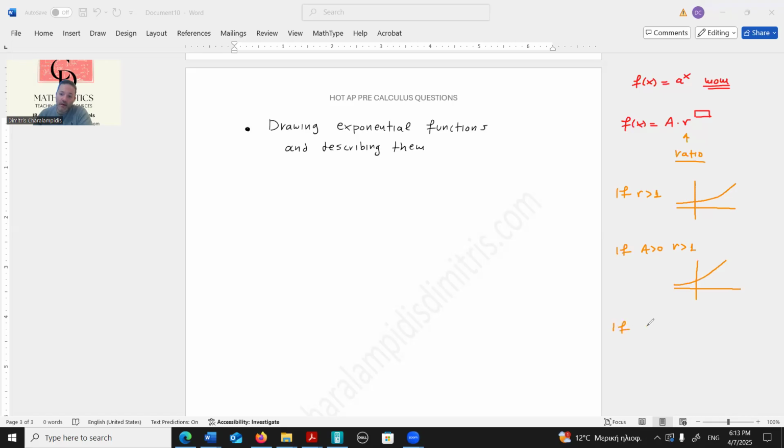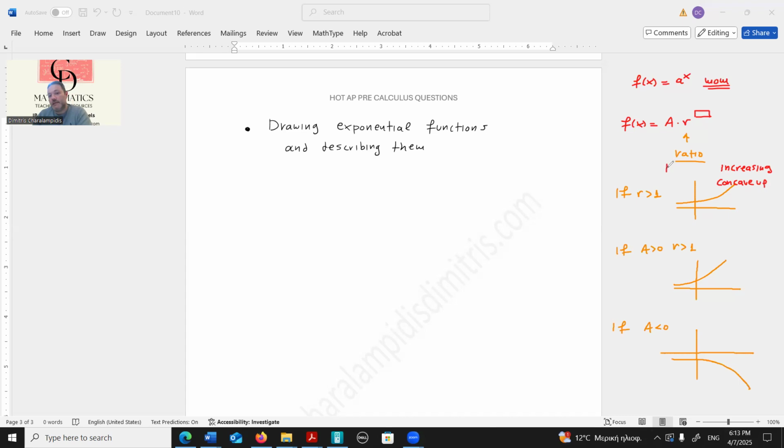It will still be like that. If, however, A is negative, then that negative sign can only be described as a reflection. So by having the original graph, now its reflection will be somehow like that. Here we would expect that the graph is increasing and concave up.